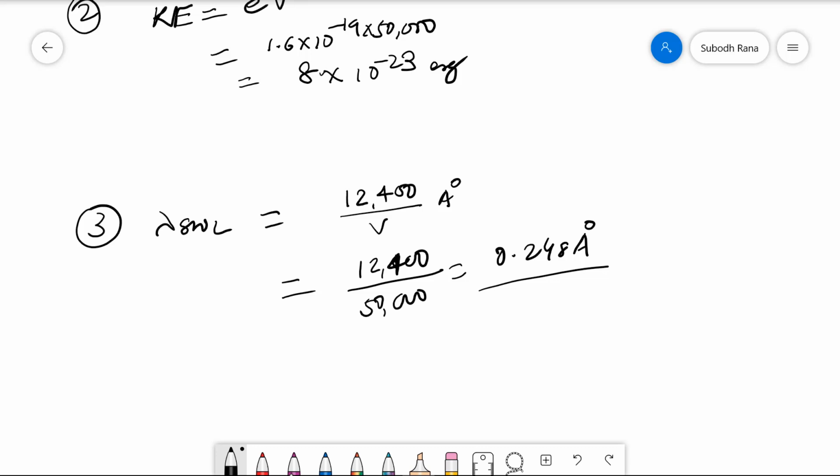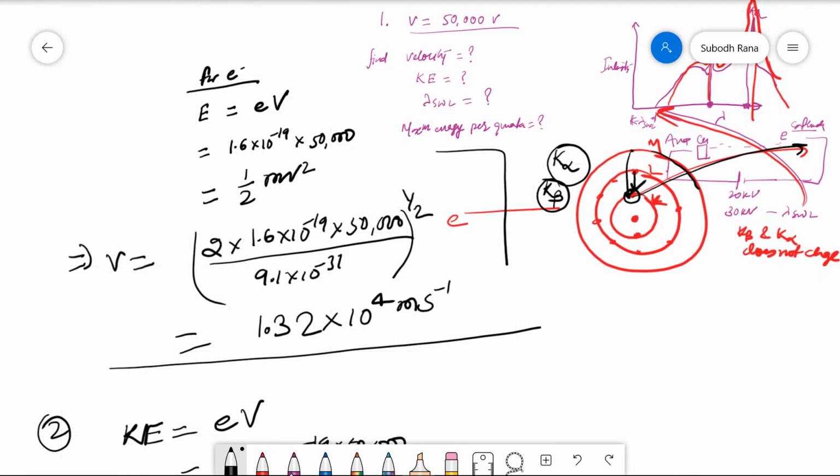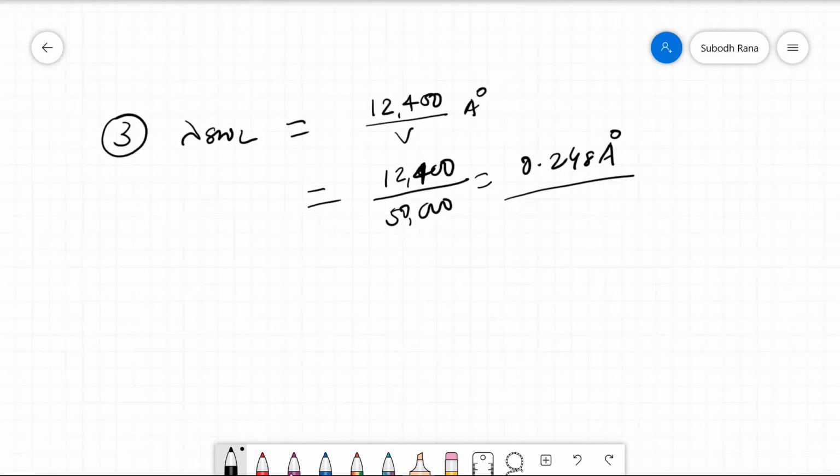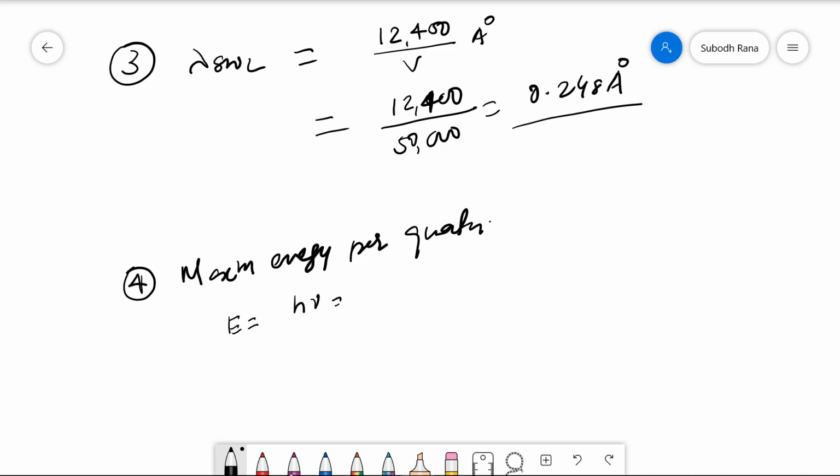The next thing is the maximum energy per quanta. We know that E is equal to h mu, that is hc by lambda. This is the quanta energy.